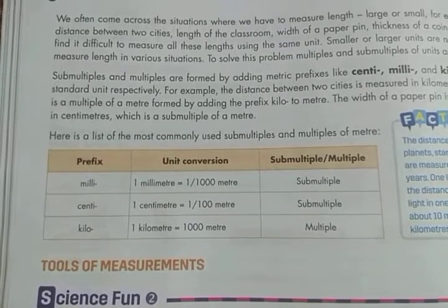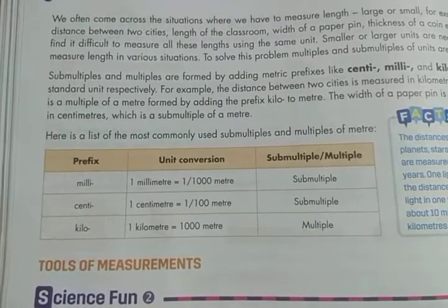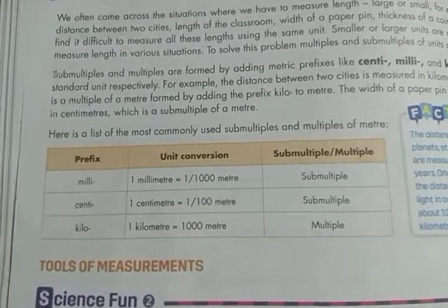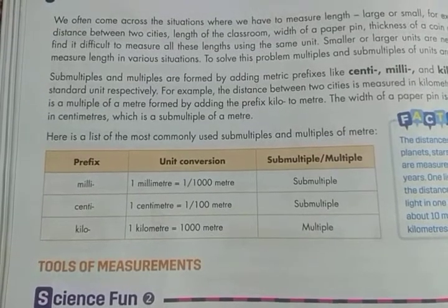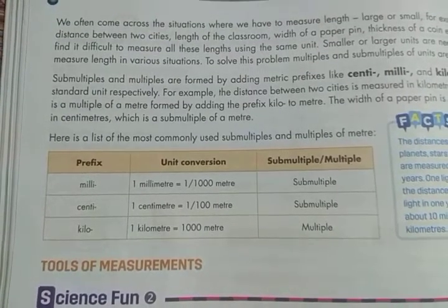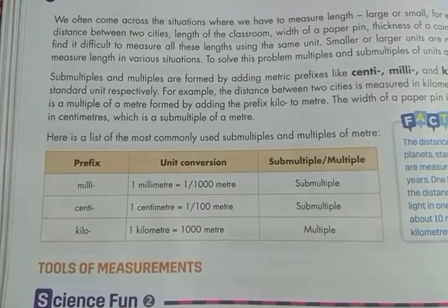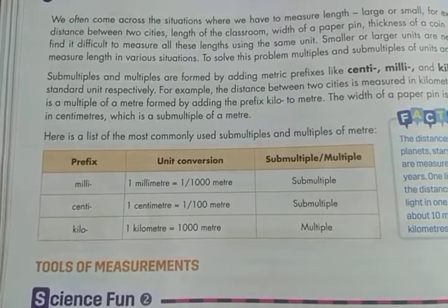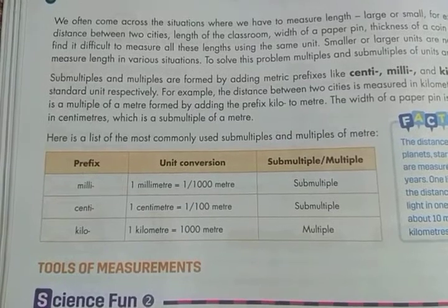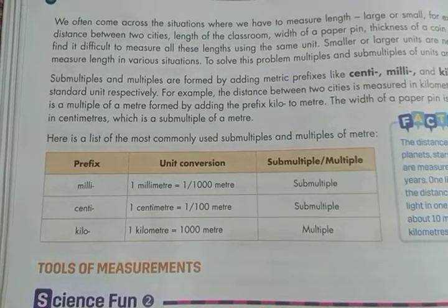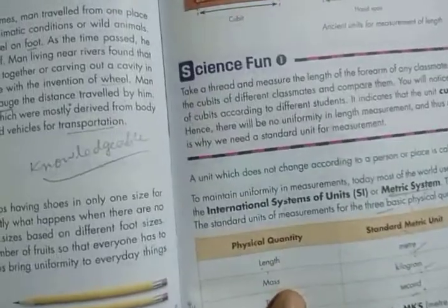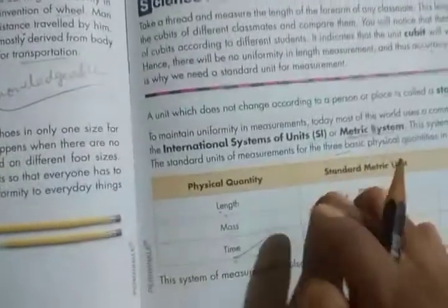Well, today we will continue the same topic as chapter 11, measurement and motion. As you know, yesterday we covered the standard unit, that means the International System of Units.